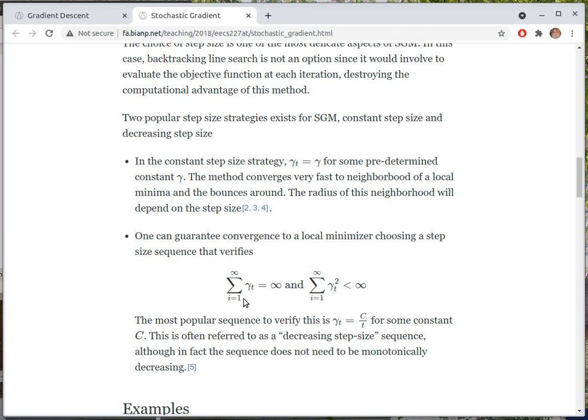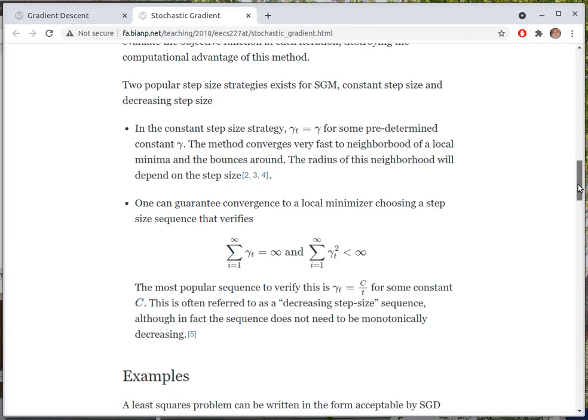Because the sum of 1 over n as n goes from 1 to infinity is a divergent harmonic series. But if you take the square of those, 1 over n squared, that sum actually does converge. So this says that it doesn't go to 0 very fast, and this says that it goes to 0 fast enough if you square it. That tells you how fast it should go to 0.